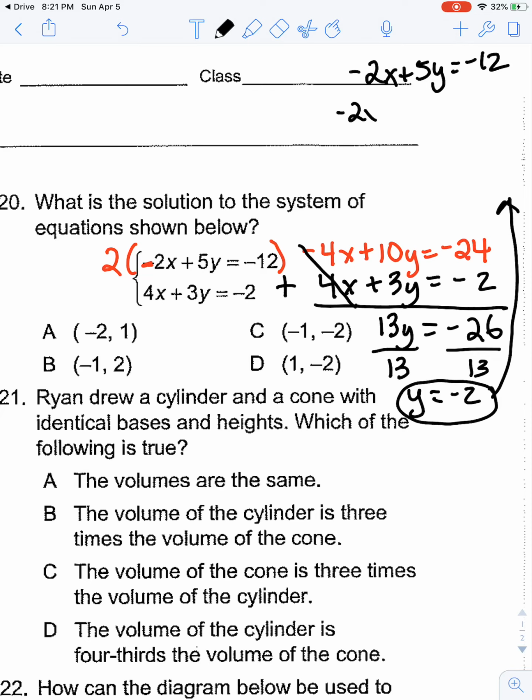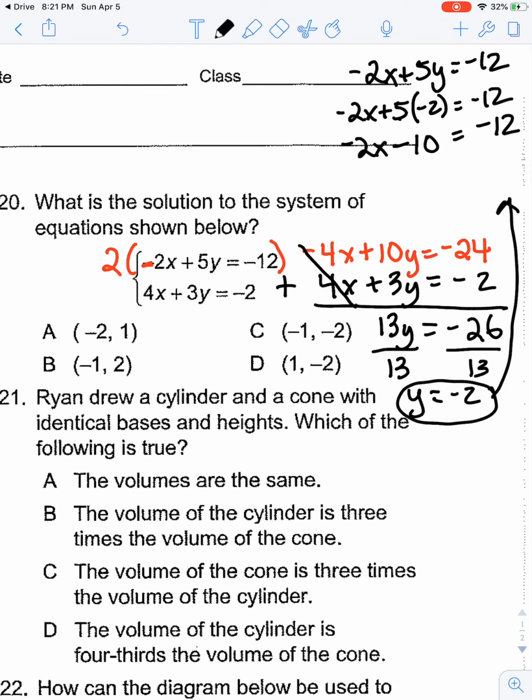So negative 2x plus 5 times negative 2 equals negative 12. I'm rewriting the equation as negative 2x minus, because 5 times negative 2 is going to be a negative. You could say it's plus negative 10, or you could say it's minus 10 equals negative 12.